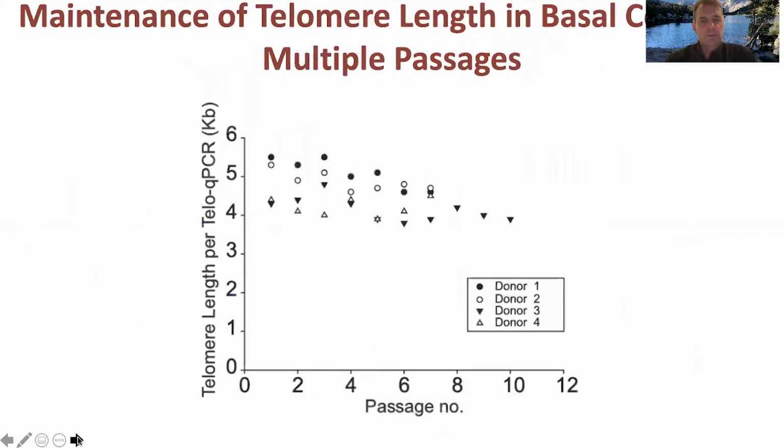So this method, of course, requires more culturing in vitro. And so one of the things we looked at was whether the extended time in culture would shorten telomeres and thus perhaps cause a problem with senescence after the cells were transplanted into the patient. And what we find, quite interestingly, is that the basal cells maintain their telomere length for multiple passages, and this was shown across 4 different donors.